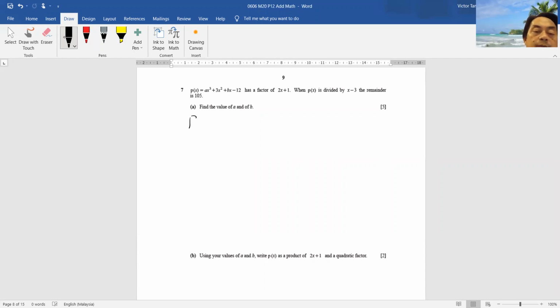So if it's a factor, that means P of minus half should be 0. So P of minus half: minus half cubed is minus 1 over 8 a. Minus half squared is 1/4 times 3. Minus half b minus 12 equals 0.